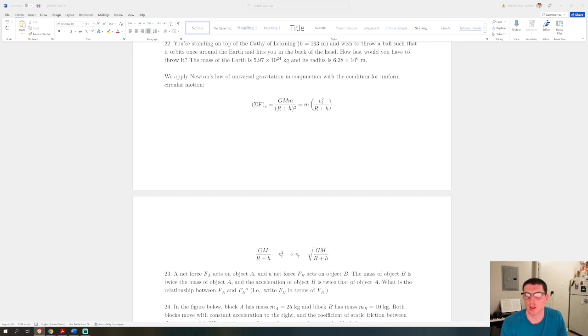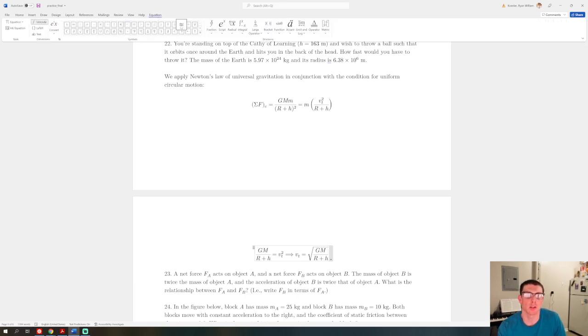And R plus H is going to be 6.38 times 10 to the 6th plus 163. The square root of G times M divided by R plus H. Yeah, so I'm getting about 7,900 meters per second. So obviously not realistic, but it's still fun to think about.